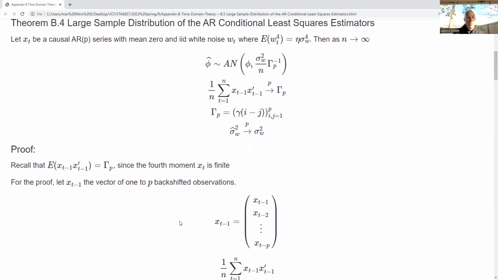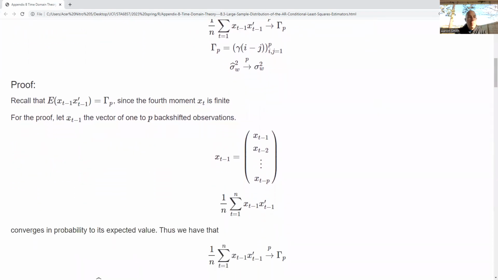All right, so x sub t minus 1 is a vector of 1 to p backshift observations. Whenever you see x sub t minus 1, this is what is being represented. So we have a degree p time series process that we're trying to model, and we're going p steps back in time on our observations.